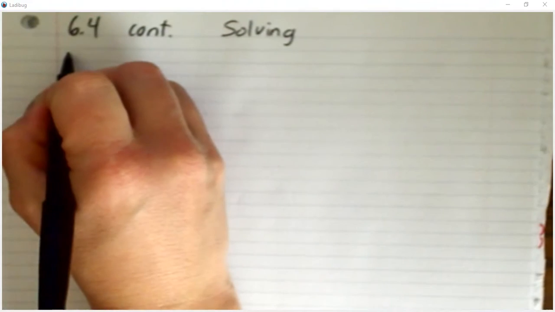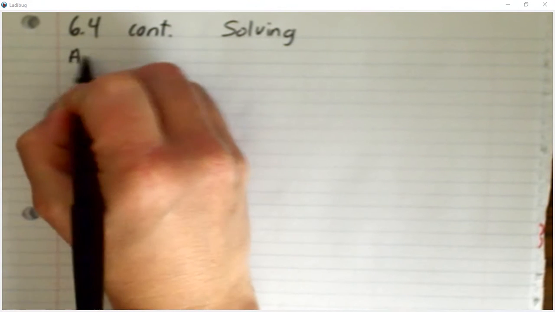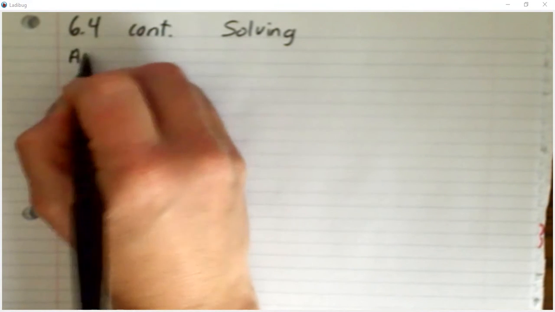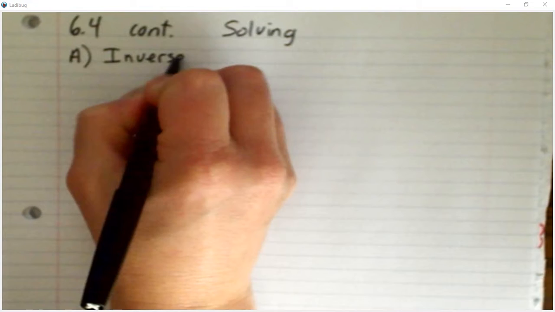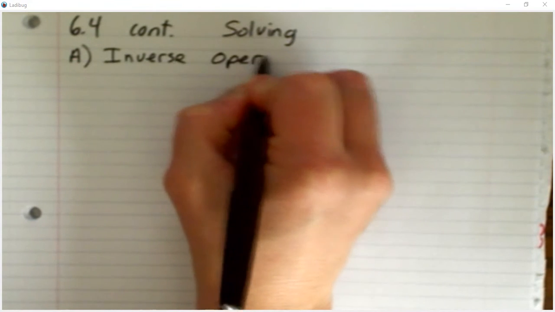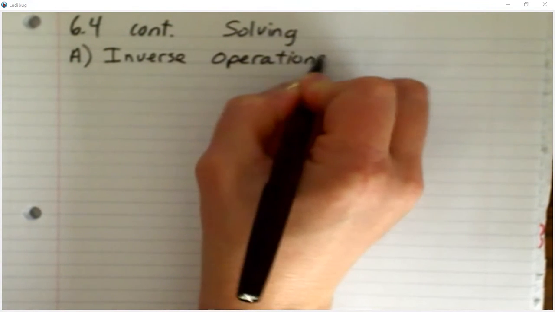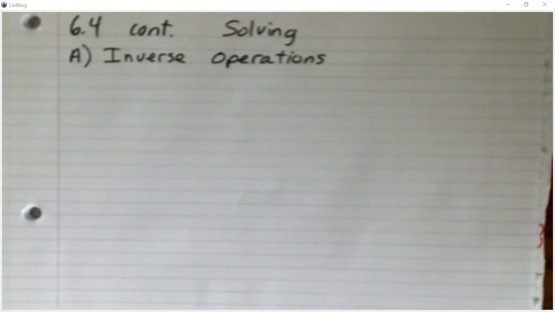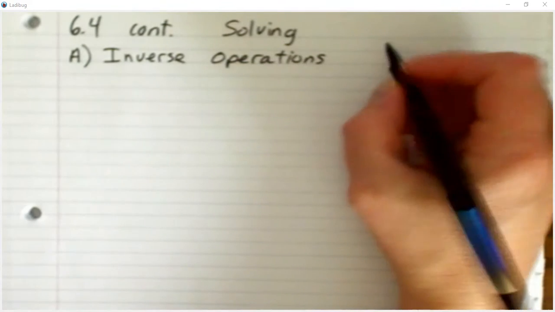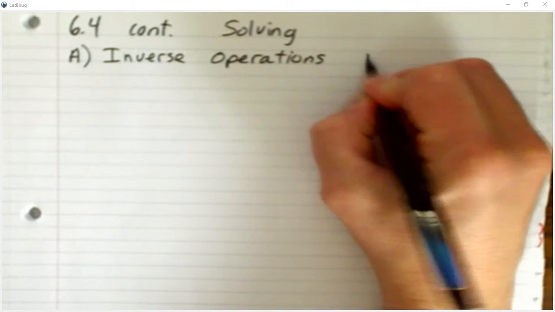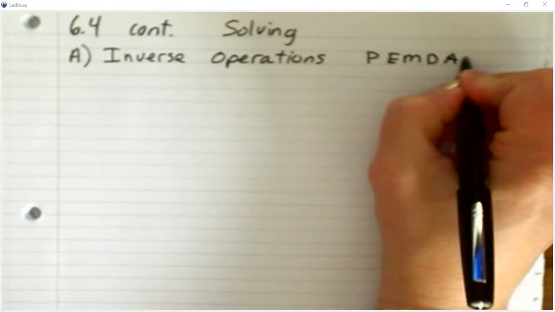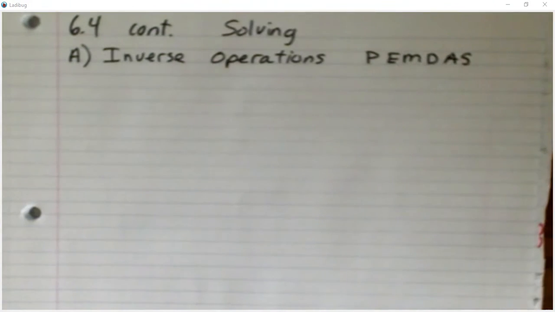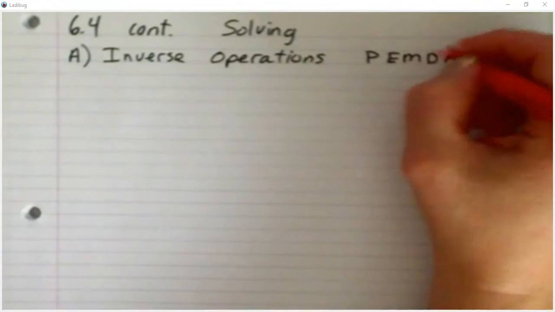Okay, so first thing we're going to talk about with solving is inverse operations. Now we are dealing with powers and roots, okay? And so I'm going to put a little PEMDAS over here. And I'm going to group my operations by inverses.